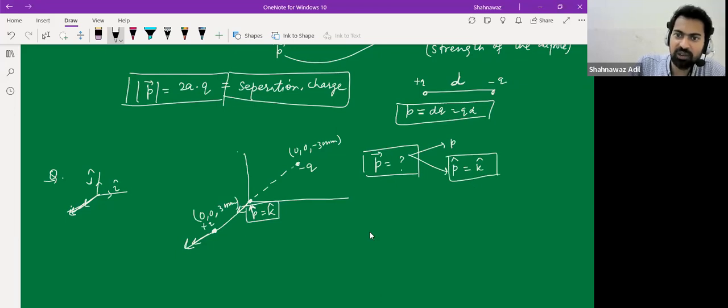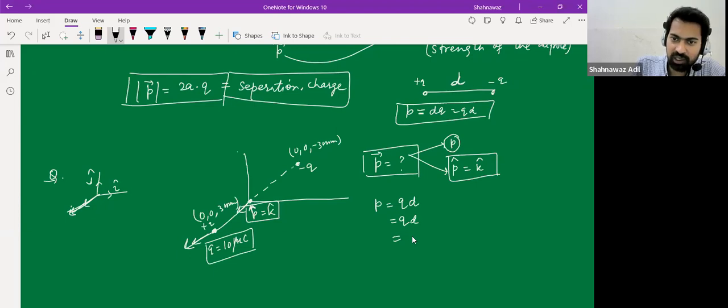Now we have to calculate the magnitude. As you said, it is charge into separation. Let's say Q is 10 microcoulomb, and micro is 10 raised to minus 6.